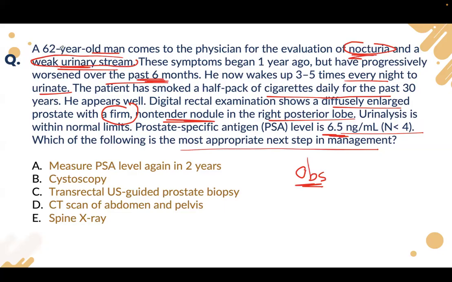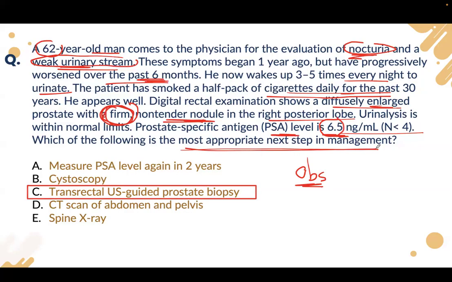And this patient is elderly, 62. He's a smoker. And in the digital rectal examination, they saw an enlarged, firm, not soft, firm prostate with nodules. This is basically giving us a picture of prostate cancer. When they did PSA, they found that it is basically 6.5. So what would be the most appropriate next step in the management? I want you guys to answer it.